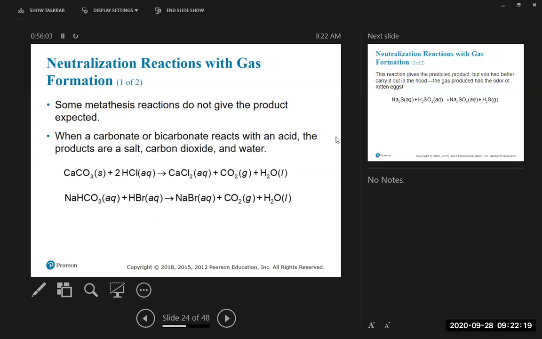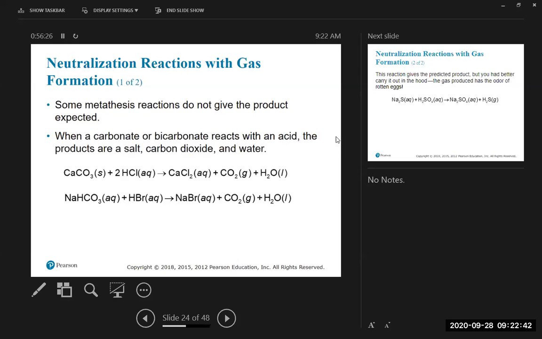Sometimes these neutralization reactions will give off a product that is a gas. CO2 is the most common thing that you see. And here we have an example where carbonate and bicarbonate are mixed with an acid, and we give off CO2 in each of those.